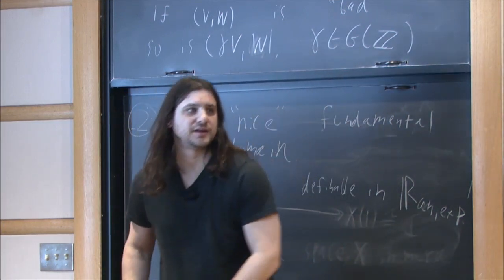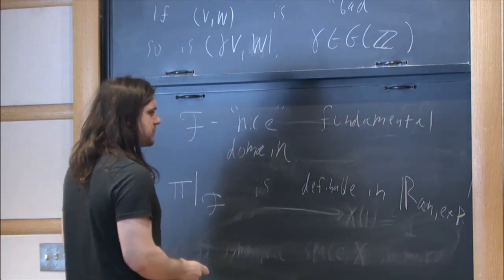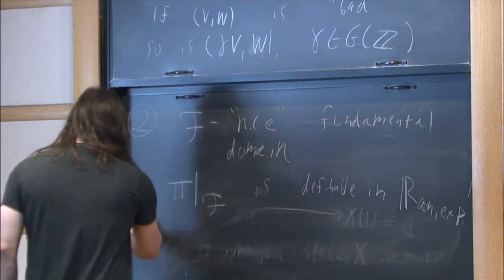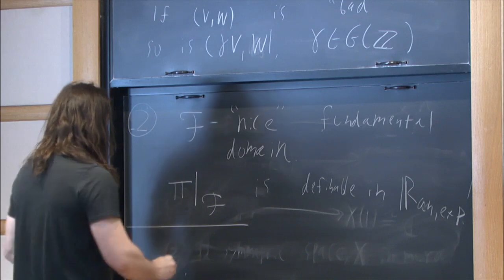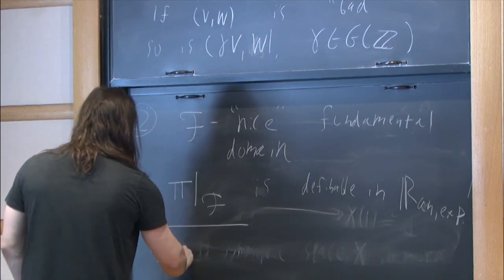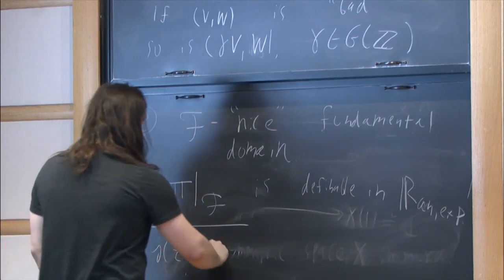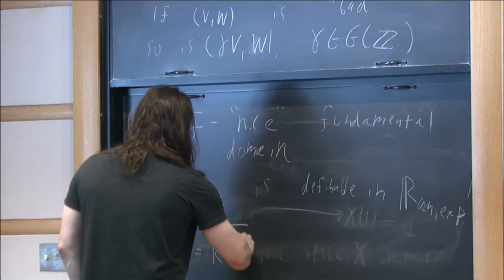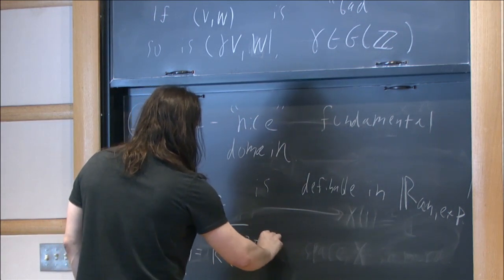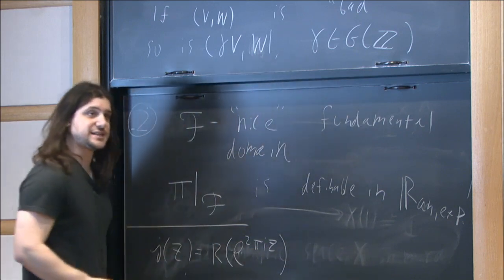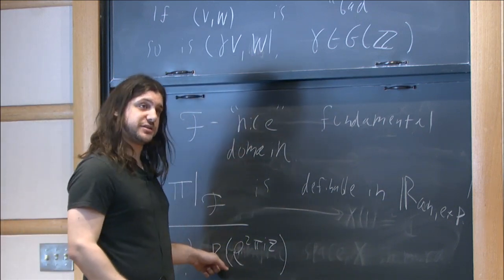Can you say what it means for the J function? Sure, I can say roughly what it means for the J function. If you look at J of z, you can write it as R of e to the 2 pi i z, where R is some power series.